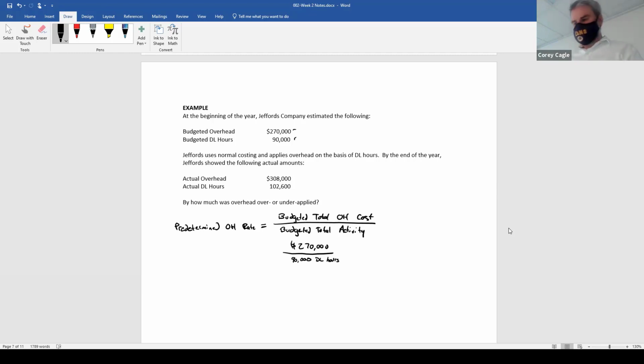And we're just going to say every labor hour worked on a job means that that job is going to get overhead of $3. That is our predetermined overhead rate.